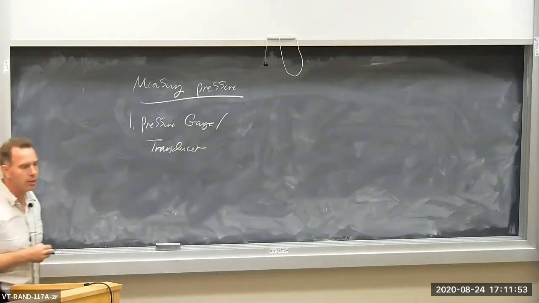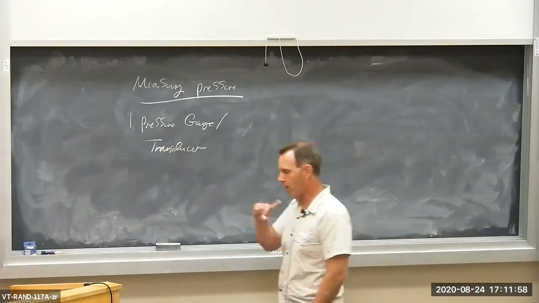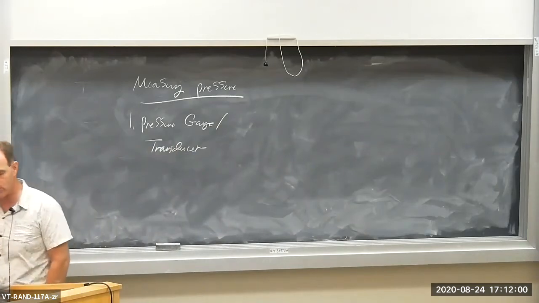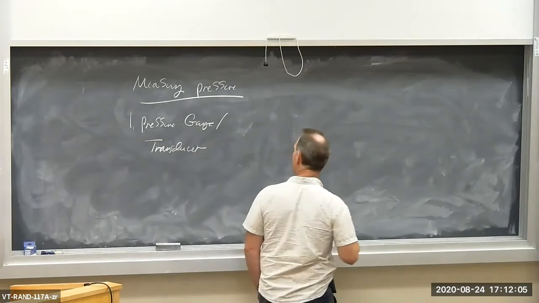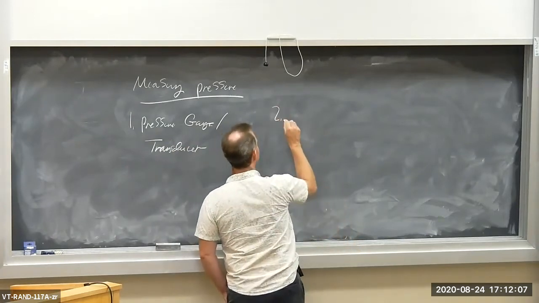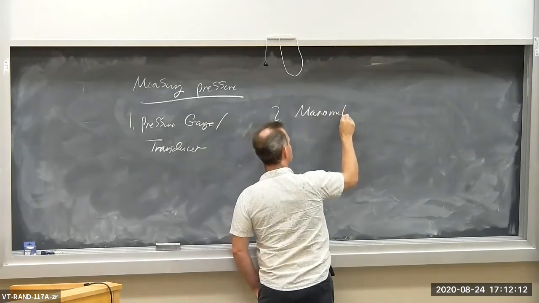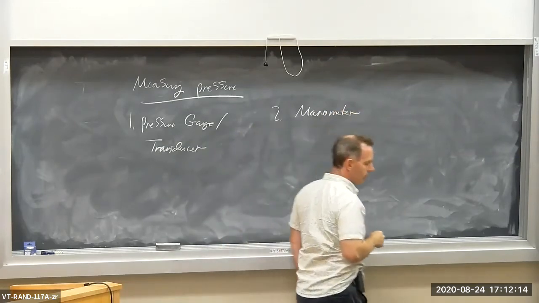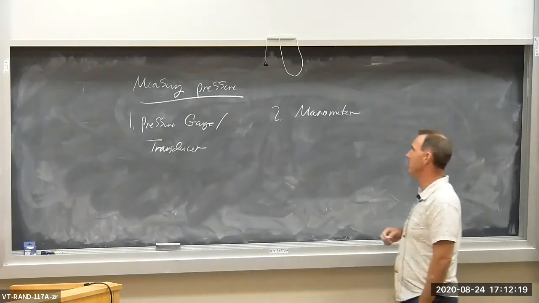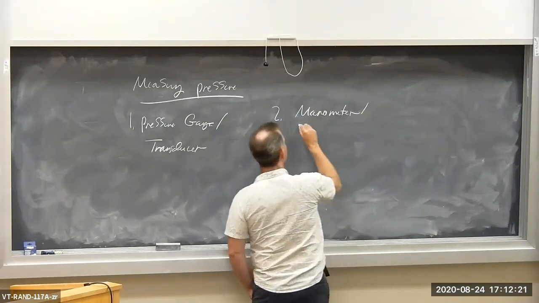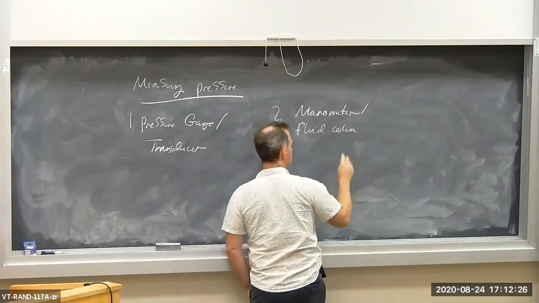That's just a device that translates pressure into an electrical signal. Instead of a dial on a gauge, it transmits it into a voltage or a change in resistance. There's another way of determining pressure. It's very simple, using what's called a manometer. Use a manometer, or if you like, a column of fluid. Fluid column, okay?